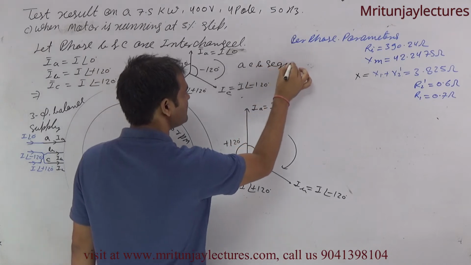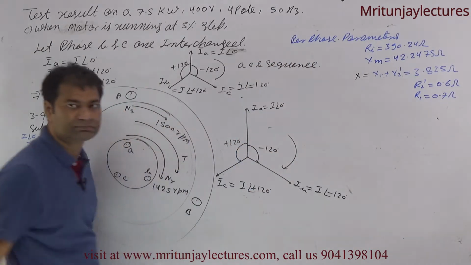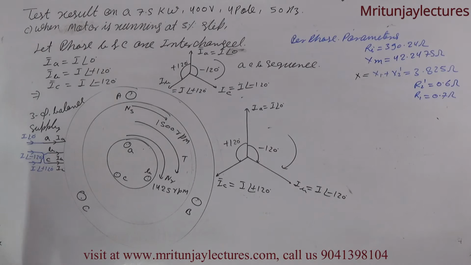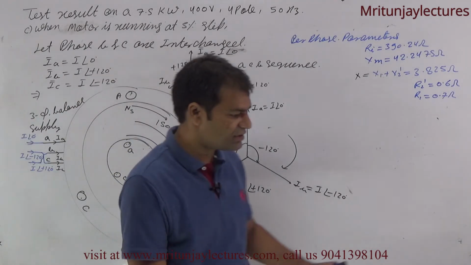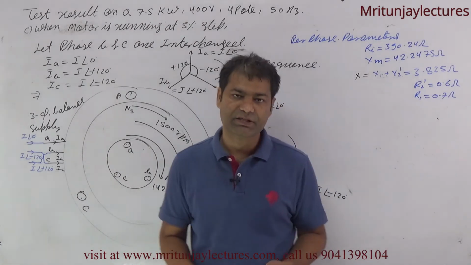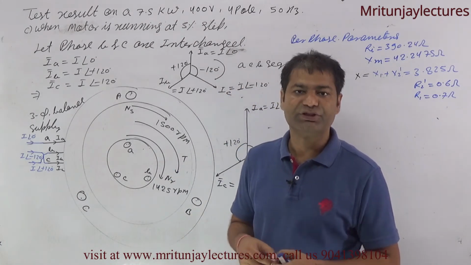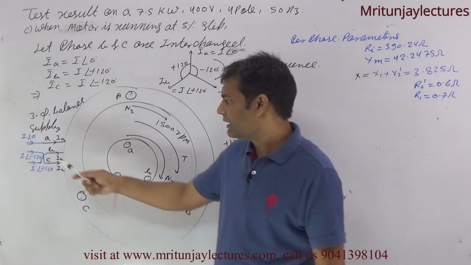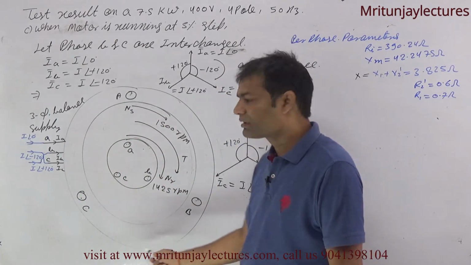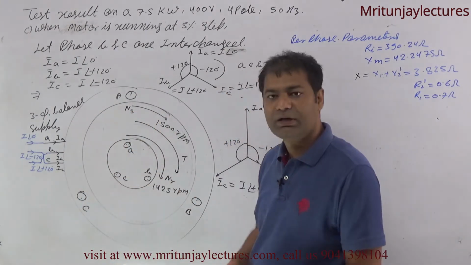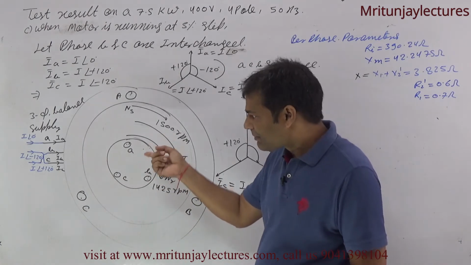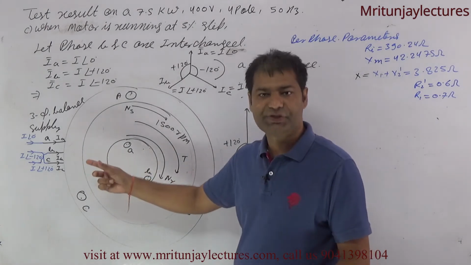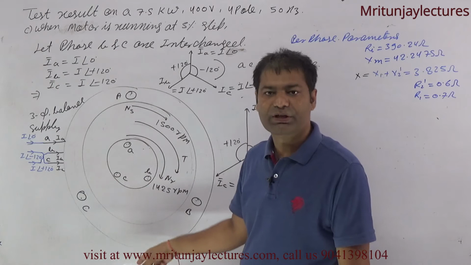If the sequence is changed, what about rotor speed and stator speed? The stator magnetic speed also changes in the opposite direction. During ABC sequence, suppose that corresponding to speed NS like this one, if the supply terminals are suddenly interchanged, then what about the stator speed?